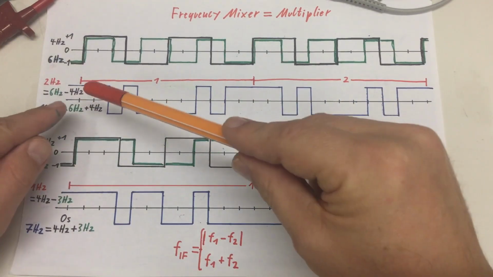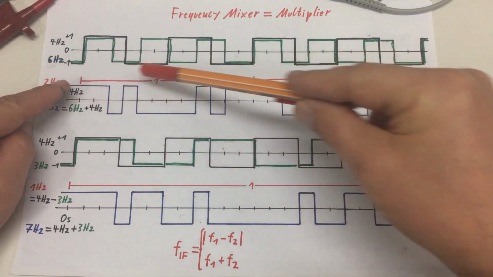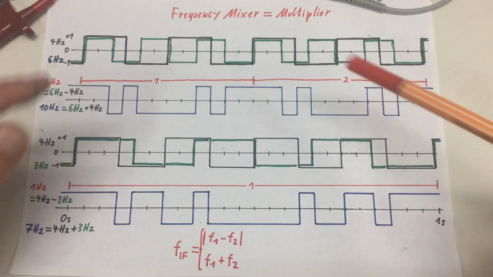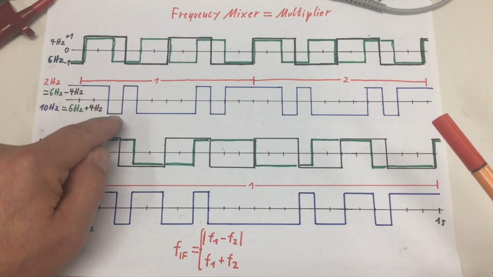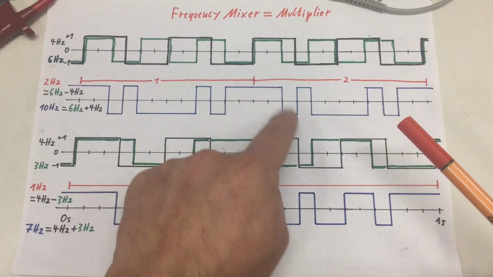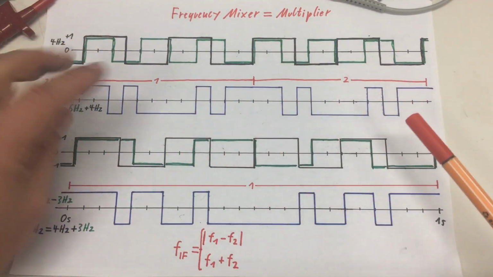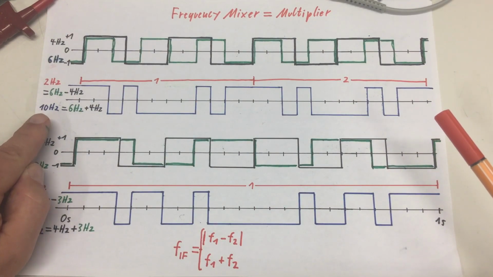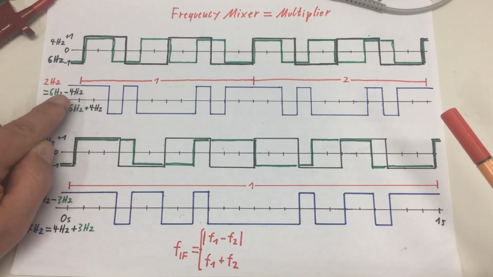If you look closely at that signal, you see that it has a rhythm of 2 cycles within a second, so 2 Hertz. We have that one cycle starting at high, grizzle, low, grizzle, high, and that repeats. So somewhere in here is a 2 Hertz signal. And that's exactly the difference between our 6 Hertz and 4 Hertz input signals.